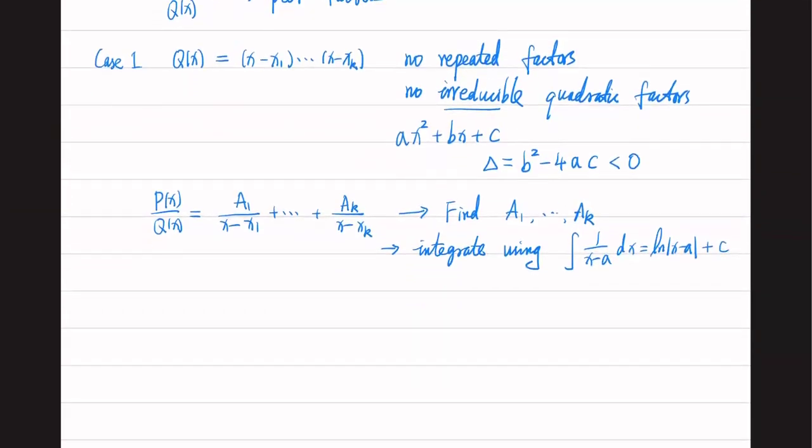Okay, so this is the first case, the easy case. Second case, slightly more general, which allows repeated factors, but no irreducible quadratic factors.